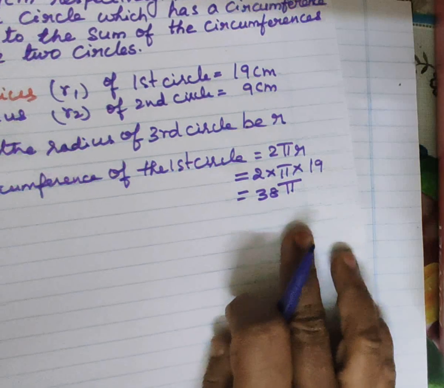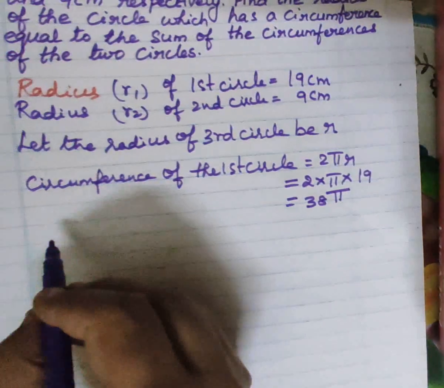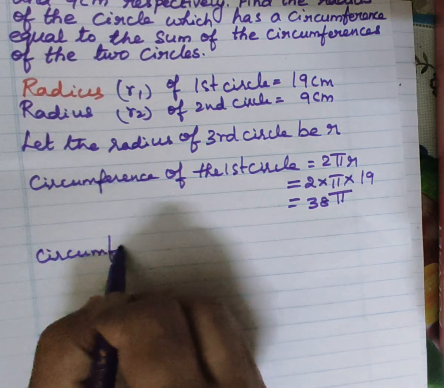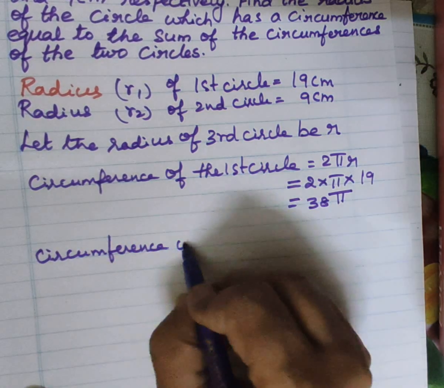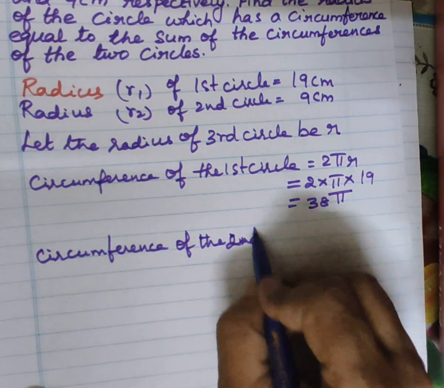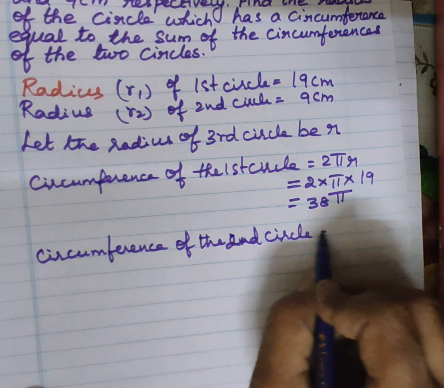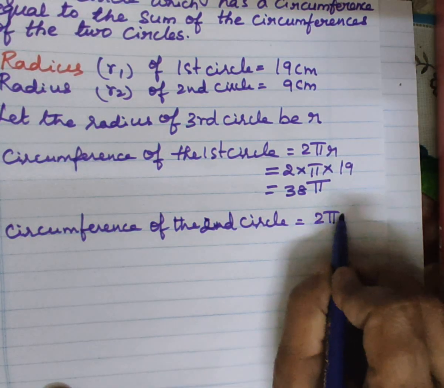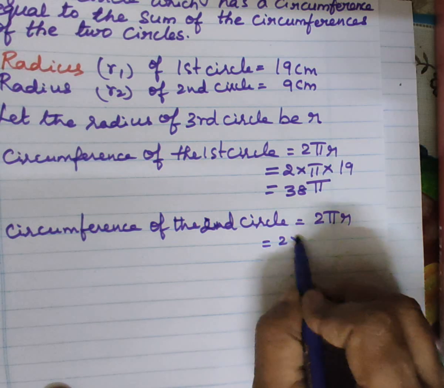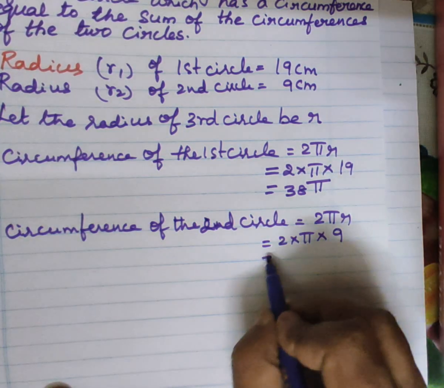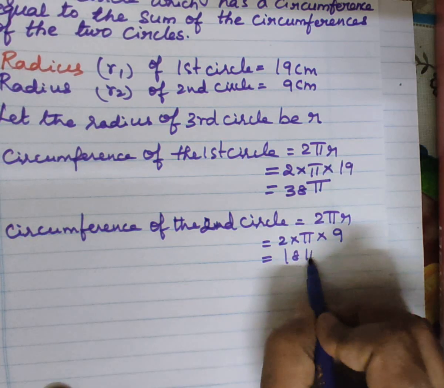So 38 pi. Now let us find the circumference of the second circle. Already we know the formula, 2 pi r. So 2 into pi into 9 centimeters. So it is 18 pi.